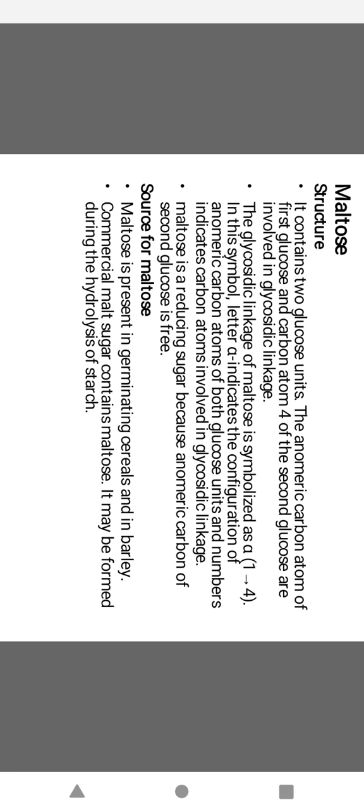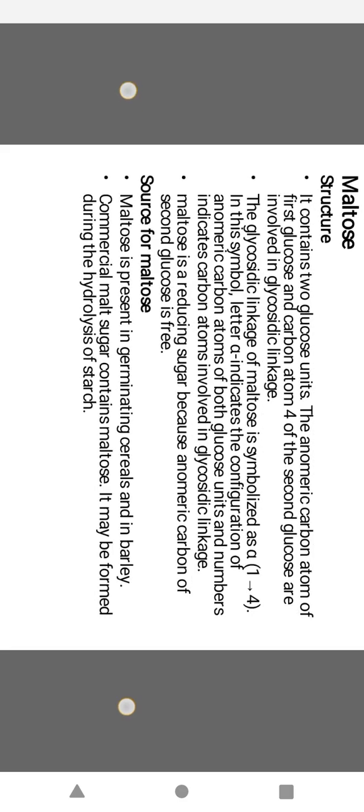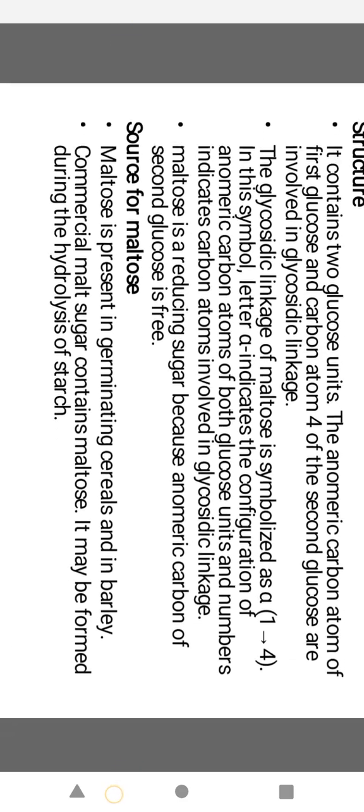The anomeric carbon atom of the first glucose is connected with the fourth carbon atom of the second glucose by the glycosidic linkage. The linkage is known as alpha 1,4 linkage. Here the alpha indicates the configuration of the anomeric carbon atom of both glucose units, and the numbers indicate the carbon atoms involved in the glycosidic linkage.